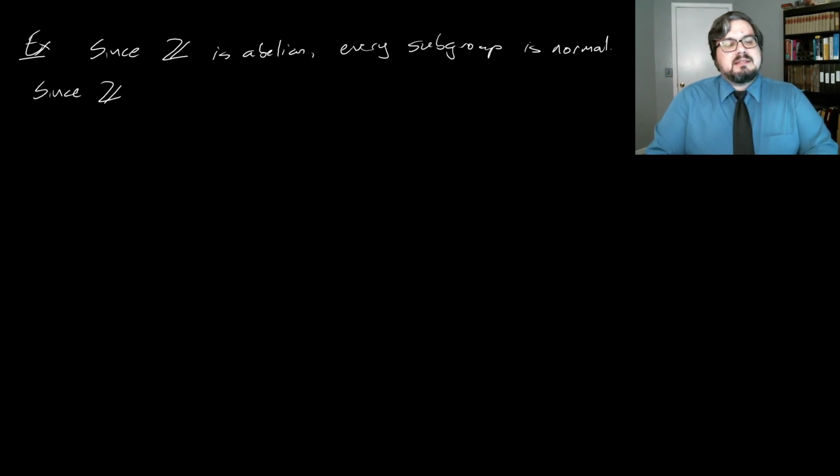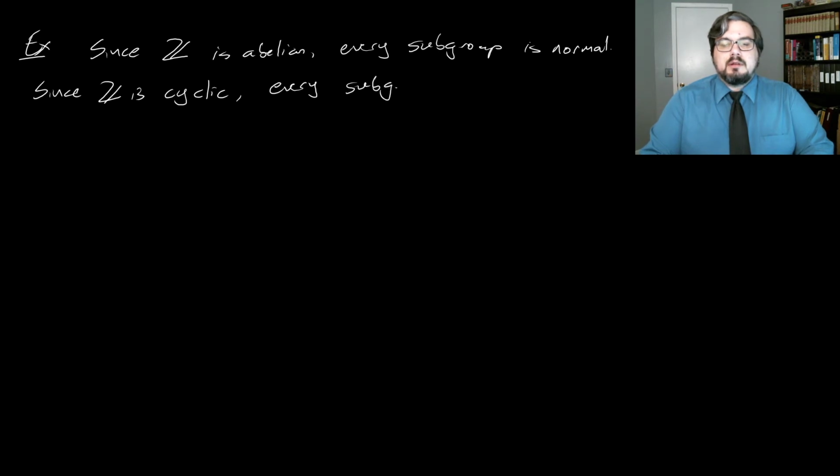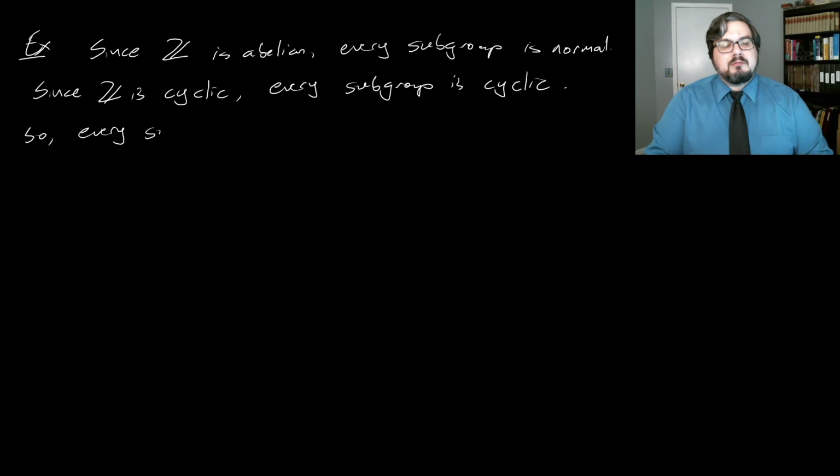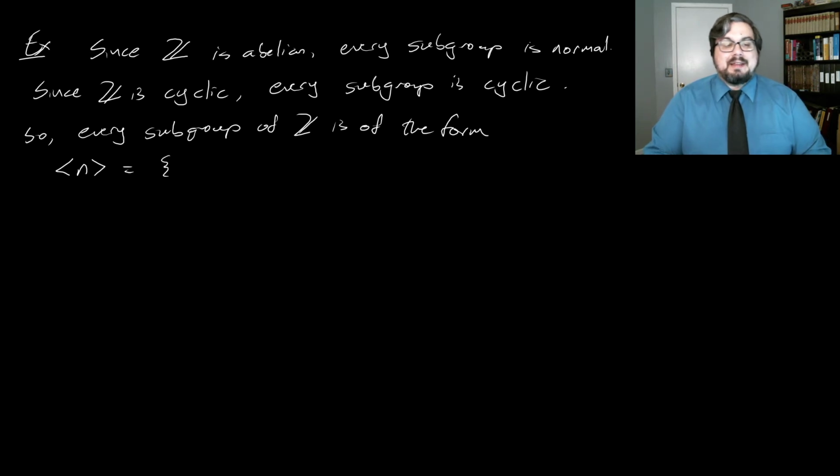Furthermore, since Z is cyclic, it's generated by 1 or negative 1, every subgroup is cyclic. We had that when we were looking at cyclic groups. So that means that every subgroup of Z is of the form the cyclic group generated by n, where n is some element of the integers.